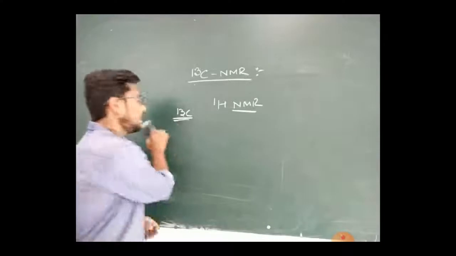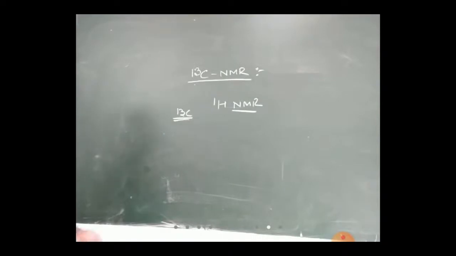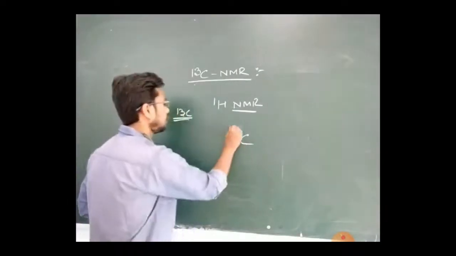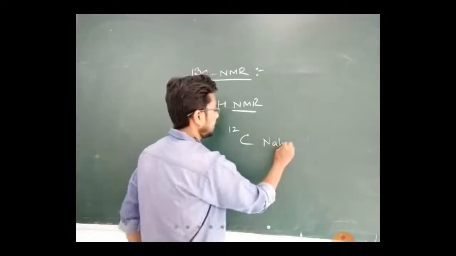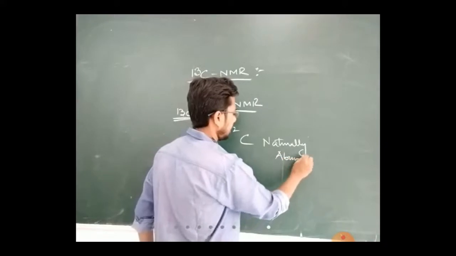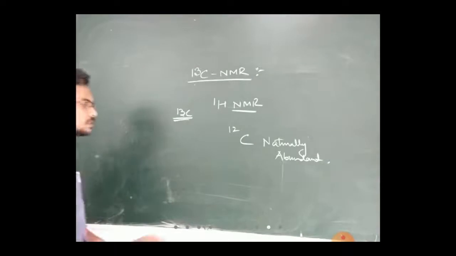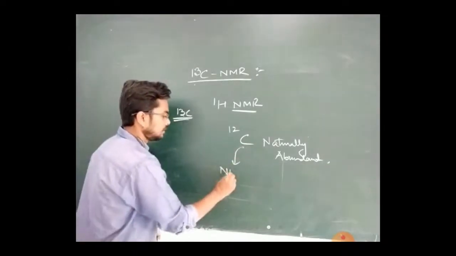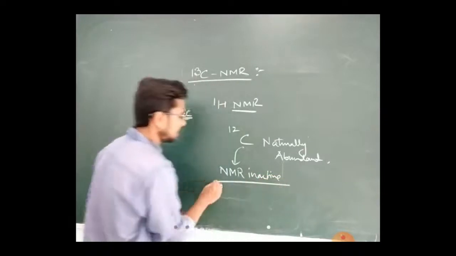Now why do we always say 13C? That is because of the isotopes of carbon. Carbon 12, which is naturally abundant in the atmosphere, is NMR inactive. Why is it NMR inactive?